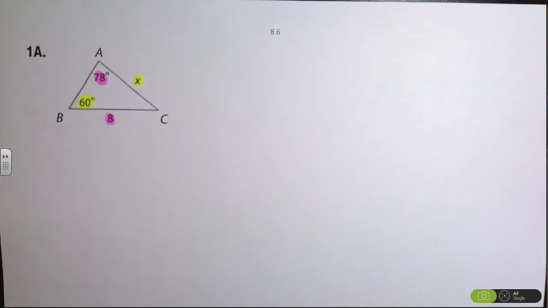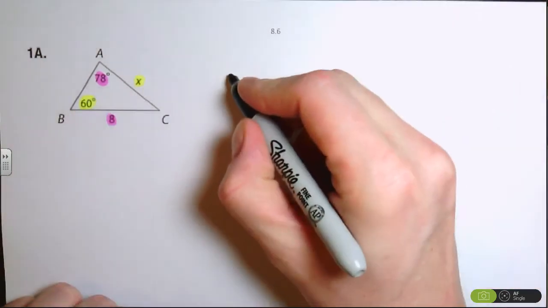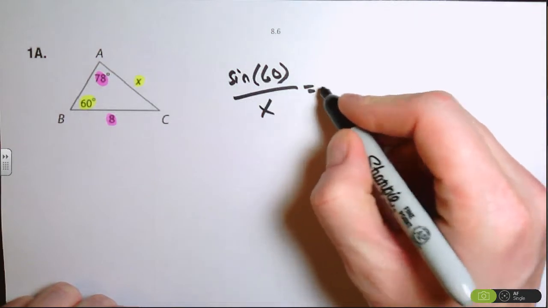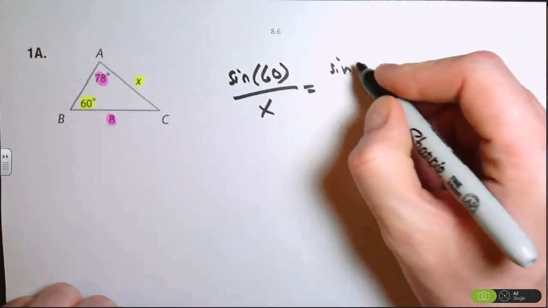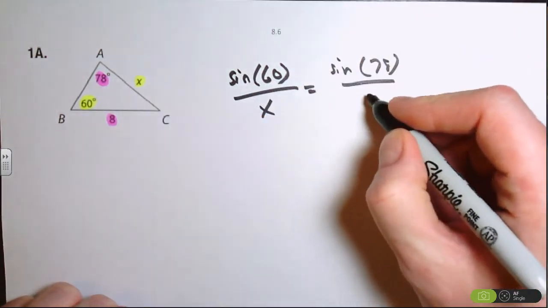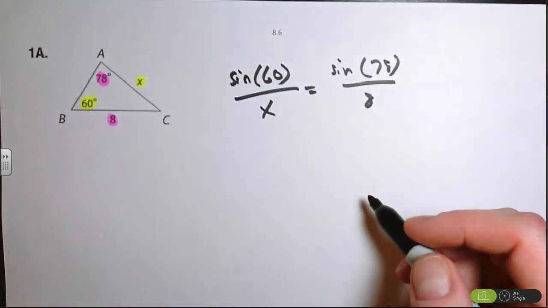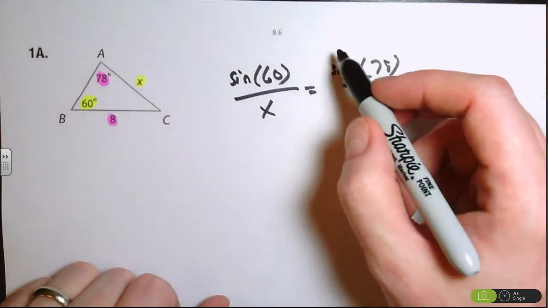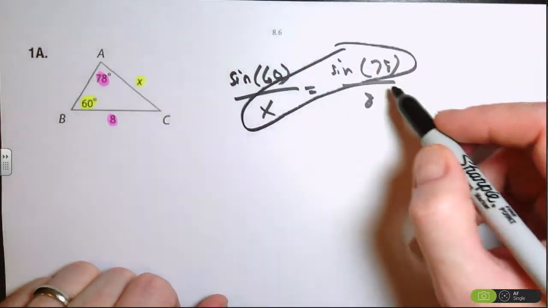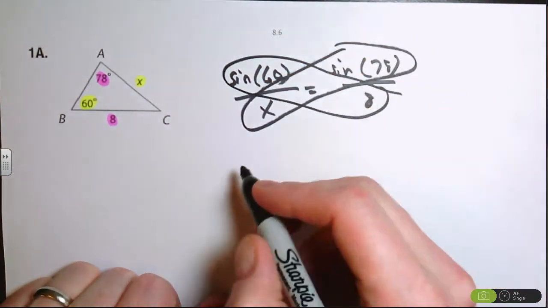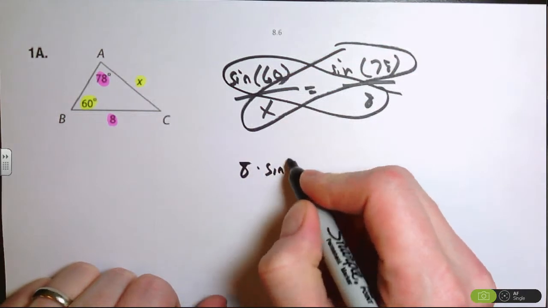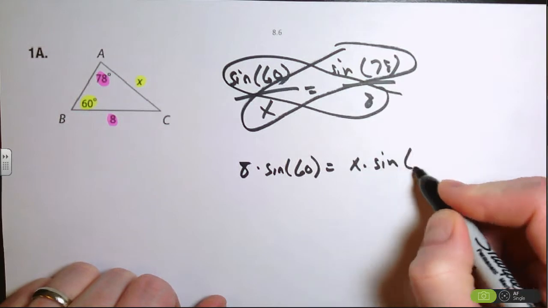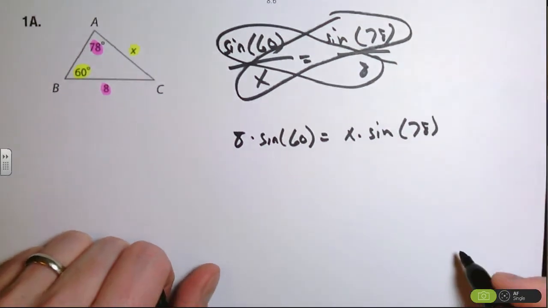The way the law of sines works is sine of an angle over its opposite side equals sine of an angle over its opposite side. Excuse me. Now, once we get that, we have a proportion, so we just cross multiply to solve. We get 8 times the sine of 60 equals x times the sine of 78.